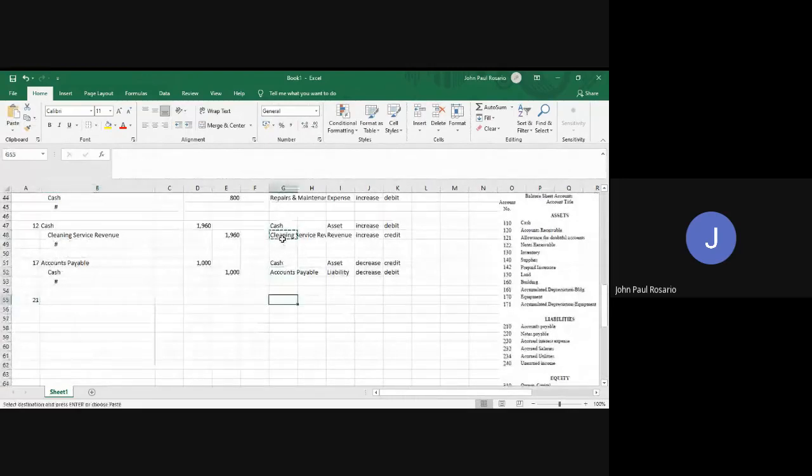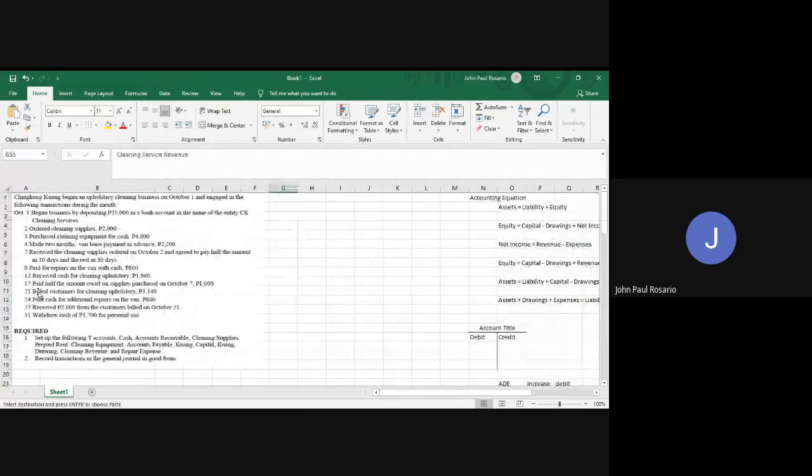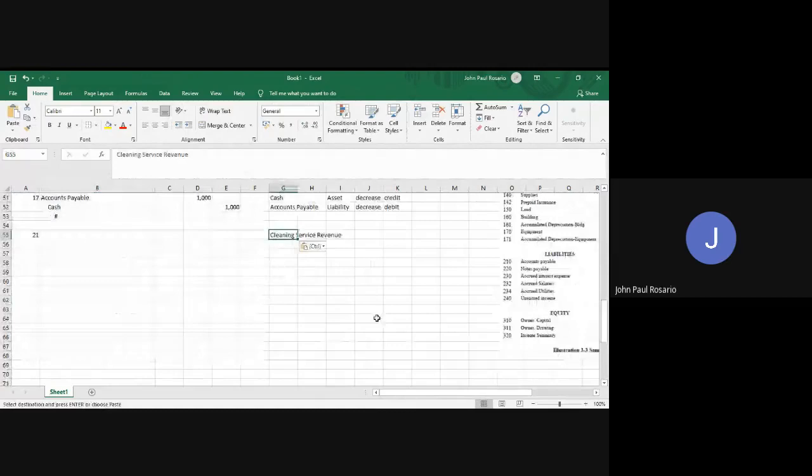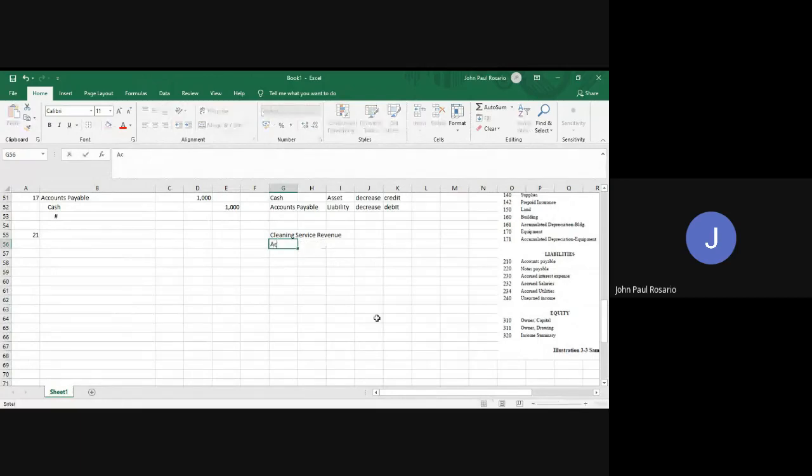Pero, since wala pa ka nakakolekta, billed pa man, so imo lang siyang gipaningil, gitagaan lang nimo siya billing ang imuhang kliyente. So meaning, madawat na cash pero wala pa, so naa kay dawatunon. So ang tawag nato ana is accounts receivable. Receivable, dawatunon nimo. Cleaning service revenue is revenue.